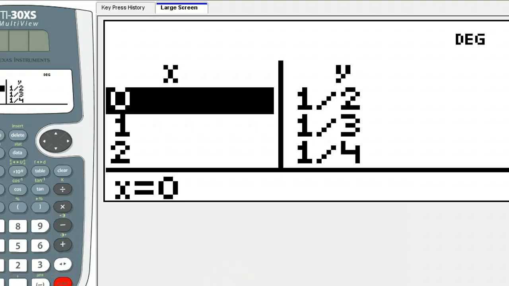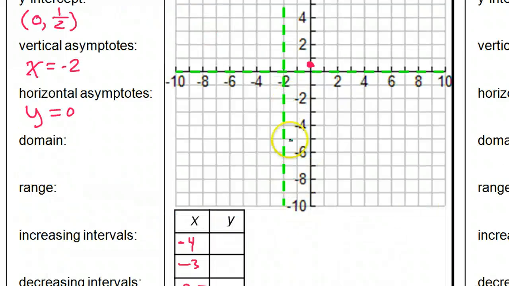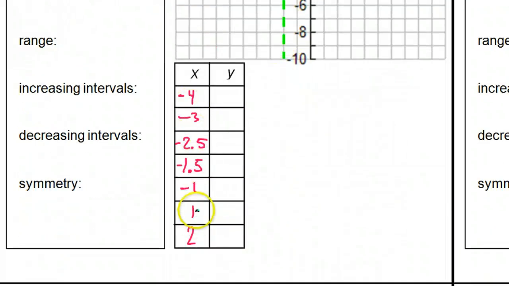So I'm going to get all the values that I can, the integers. I'll just scroll around and get them off of the table. I'll do that off camera. All right, so these are the values that I pulled right off of the table of the calculator.